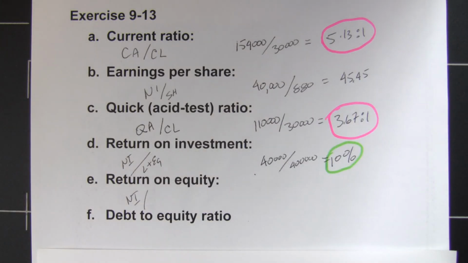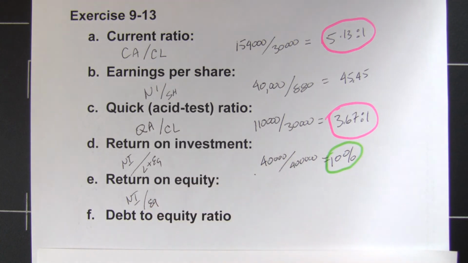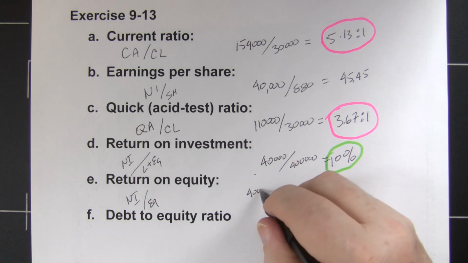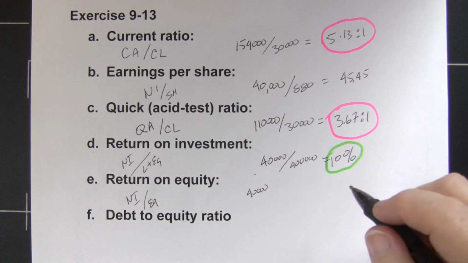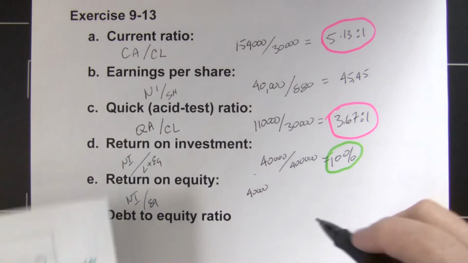So the net income there is still 40,000, but the equity is 319,000.